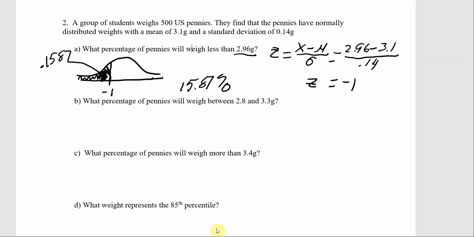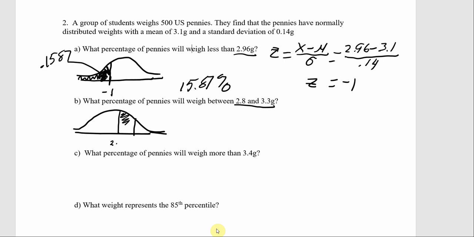Okay, so that's pretty simple, straightforward. This one we want to find is between 2.8 and 3.3 grams. Again, draw your picture. Label your values. Let's find our z-scores first and use those, not our raw scores.